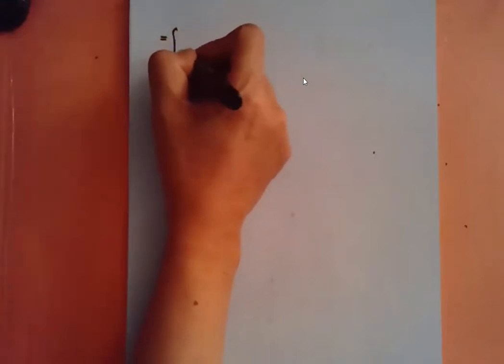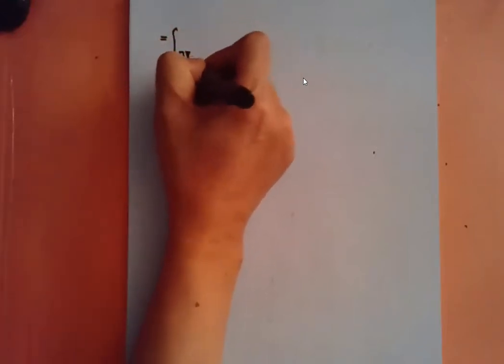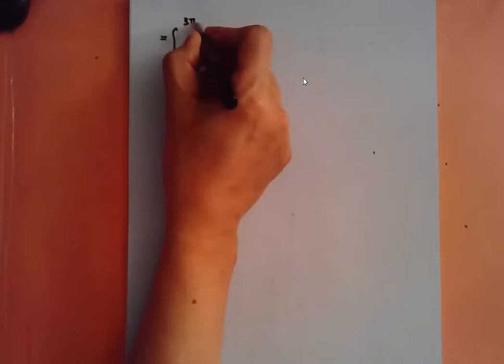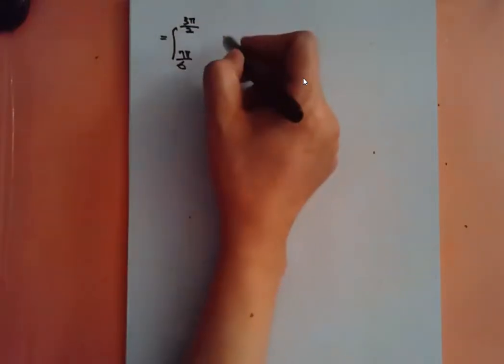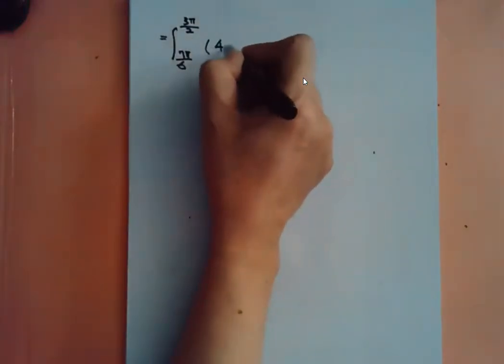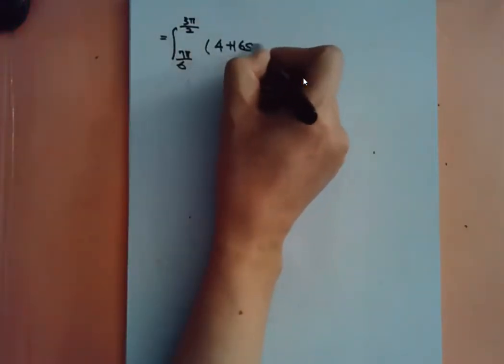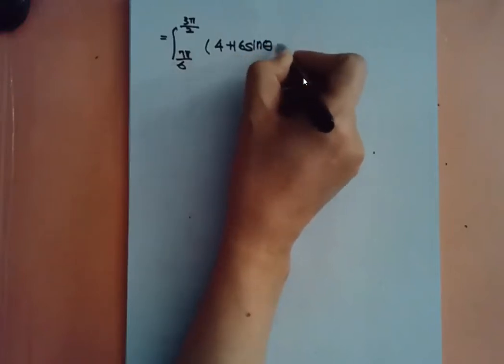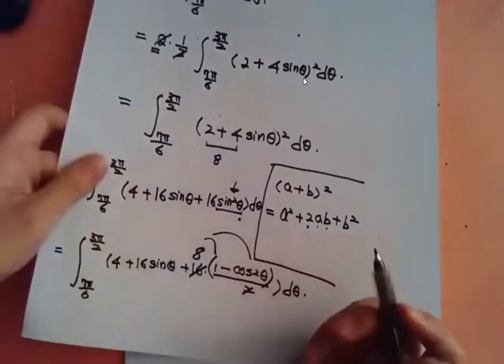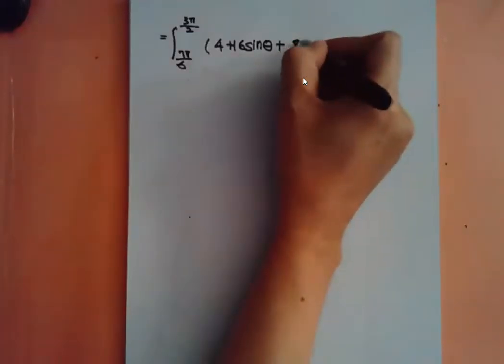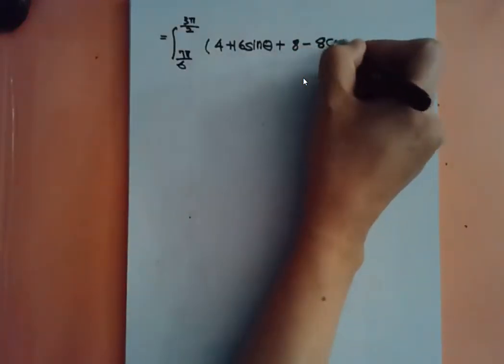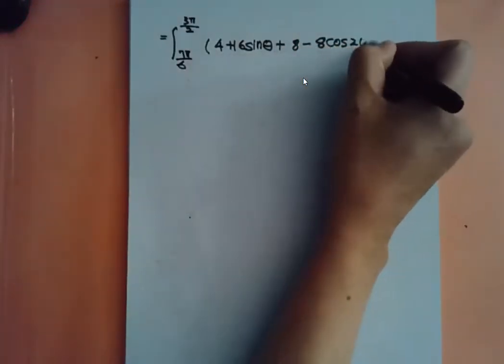So that becomes the integral from 7 pi over 6 to 3 pi over 2 of 4 plus 16 sine of theta plus 8 minus 8 cosine of 2 theta.